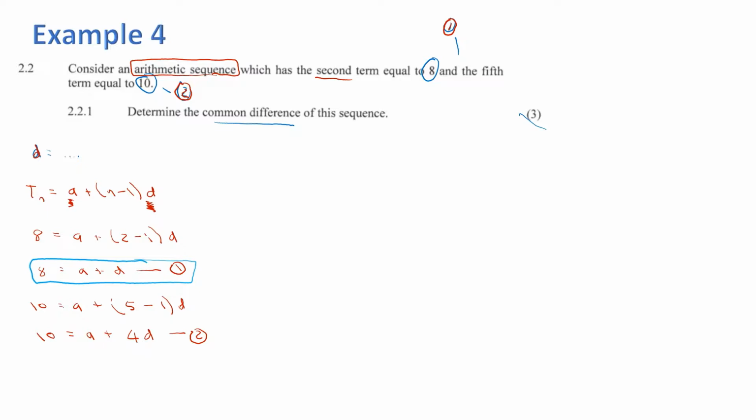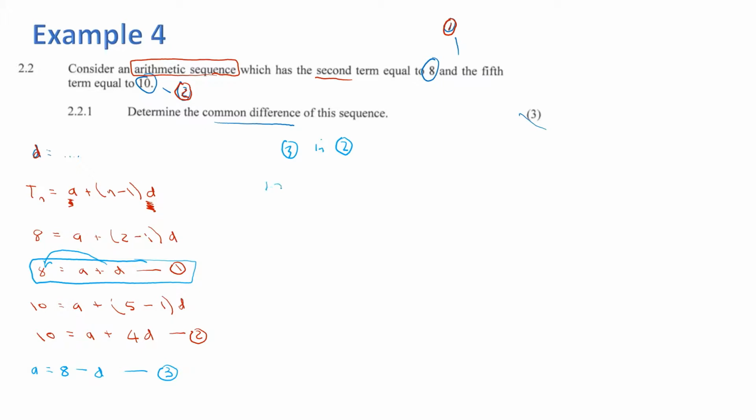Okay, I'm going to say A equals 8 minus D. I'm just taking the D over to the other side. Okay, and this is equation 3. Then I'm going to do a 3 in 2 situation. So work with me.